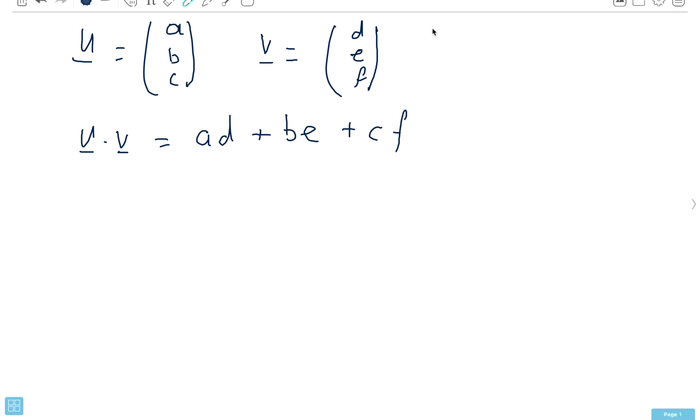And the reason why we're going to do this is because it makes things a lot easier. If you remember, u dot v is equal to mod u mod v cosine theta.